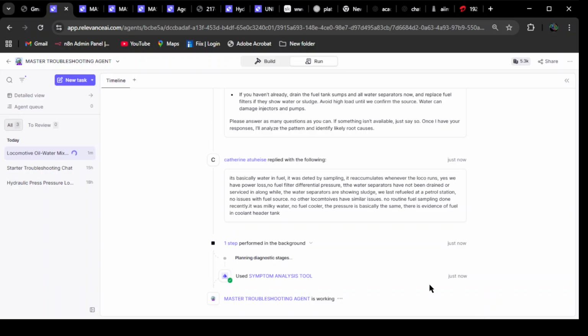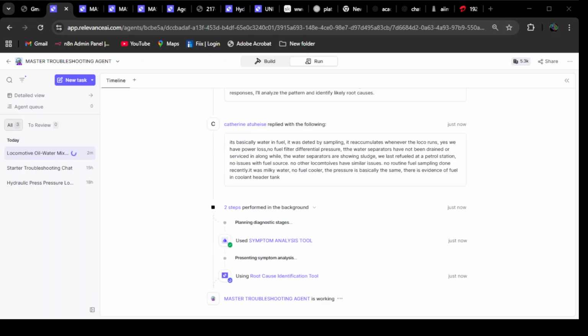And we see it working. So all these are steps that the agent has to go through in order to give a satisfactory enough solution with everything that you need, from the cost estimates to the solution and the steps.